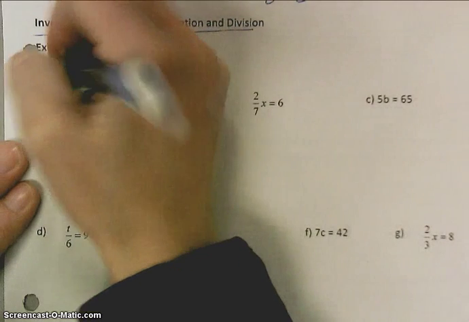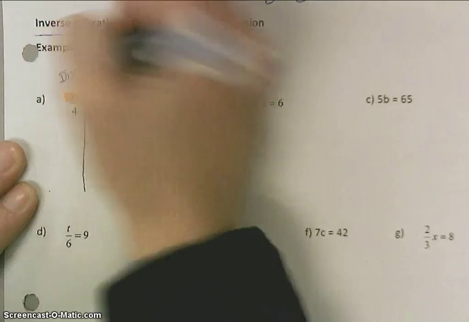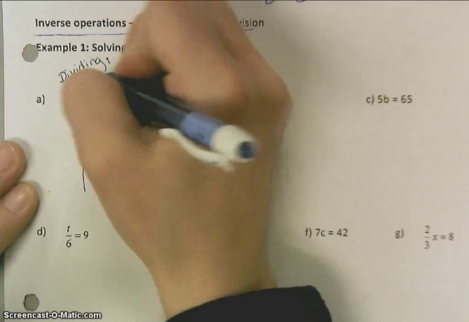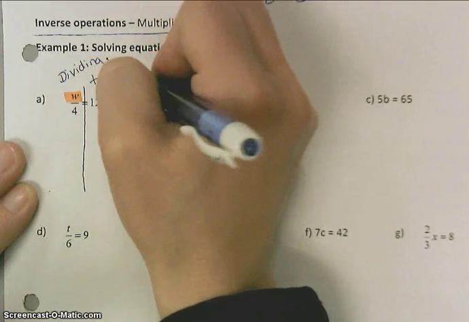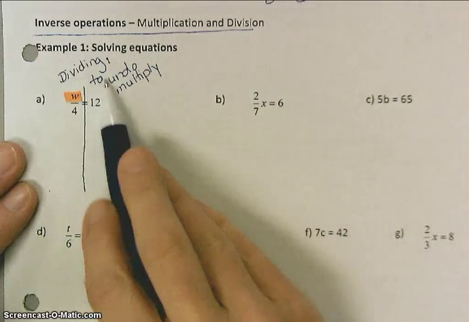So I'm dividing right now, so to undo, multiply. That's what's happening. I'm dividing, so I'm going to multiply to undo it.